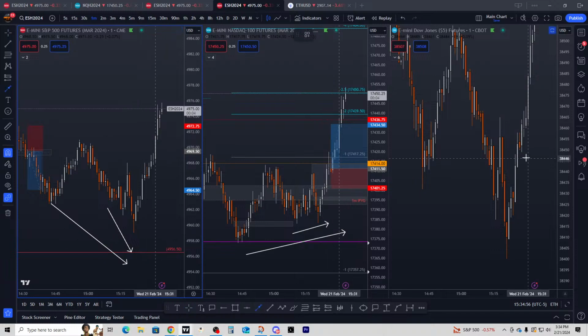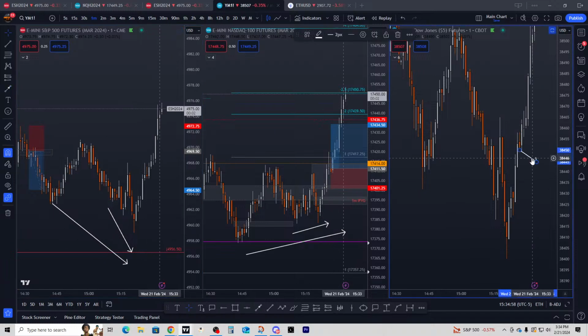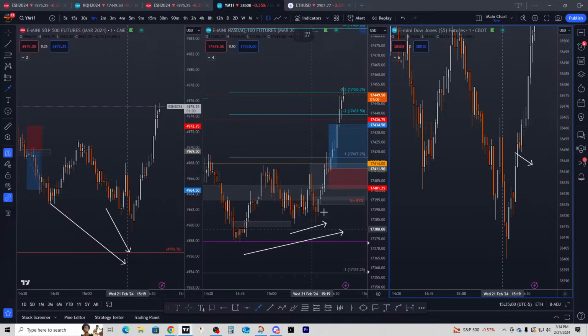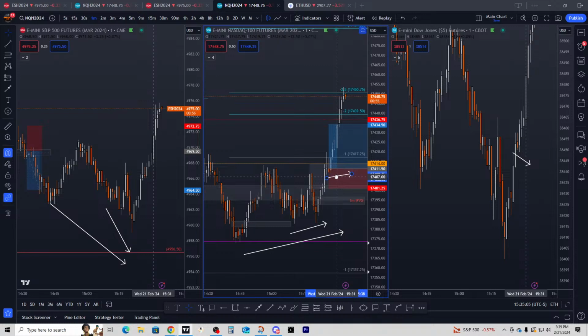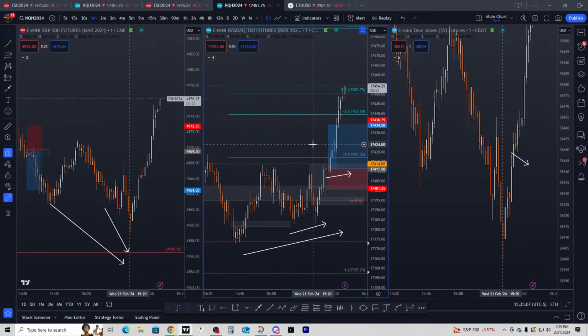I don't trade breakers that much, but I would say that's like an A+ breaker setup, because that gap should not have been breached, just like that. There we go, we're about to hit our next target. Just hit our next target there.